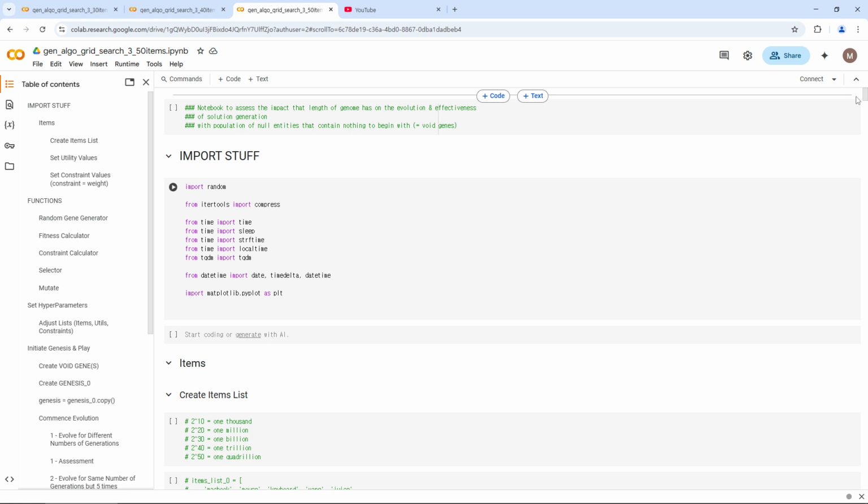The longer the genome, the more likely it is for there to be a significant difference between the peak and the plateau level, which I call the dip. I don't know what others call it yet. I haven't actually done that kind of research, but yeah.